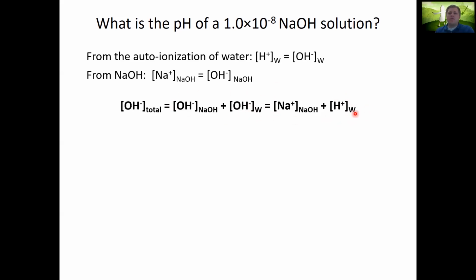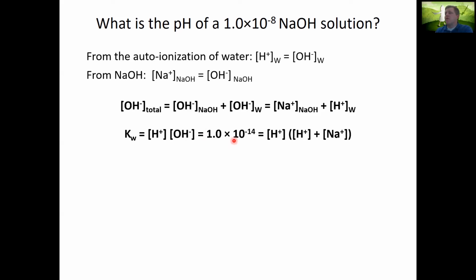Now, why is that important? We know that the value for Kw is going to be equal to our proton concentration times our hydroxide concentration, and that is always going to be equal to 1 times 10 to the negative 14. Well, I should back up a little bit and say that if you change the temperature of your water, or if you change the elevation, you actually change this value slightly.